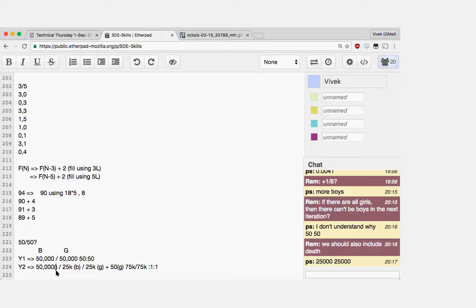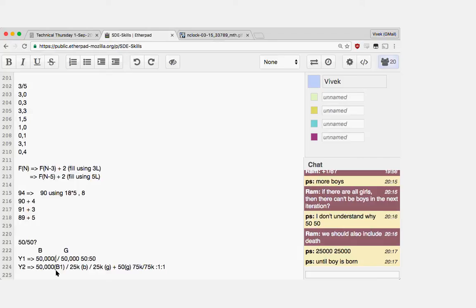First year there are 100,000 families, so 50,000 girls are born and 50,000 boys are born, right? That's year 1, B1 and G1. In the second year, only the 50,000 G1 families will produce, so B2 will be 25,000 and G2 will be 25,000, right?